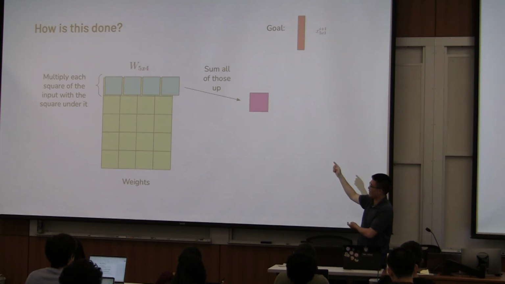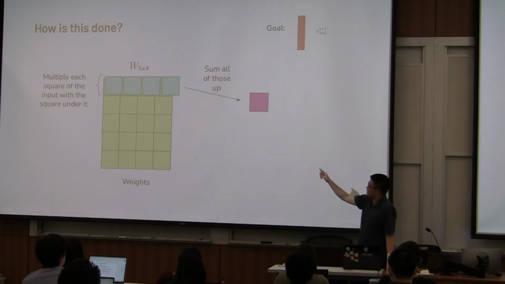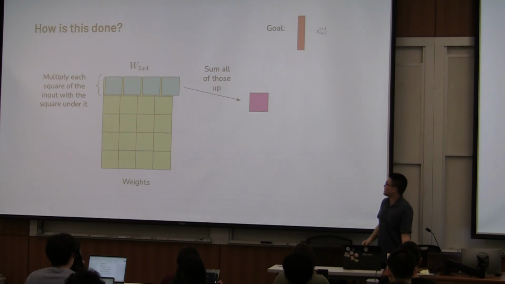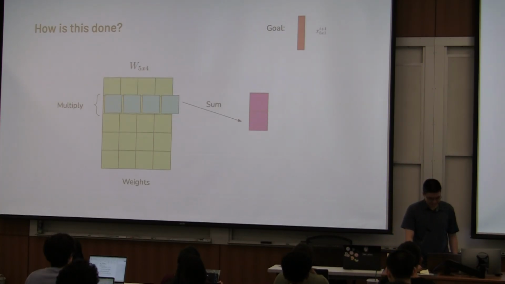So this is the sum of the first element in W multiplied by the first element in the input, and then the second element in W multiplied by the second element in the data, then the third element in W multiplied by the third element in the data, and finally the fourth element in W multiplied by the fourth element in the data. And then we just take the sum of that. That will give us the first element. And then we do that again. So multiply.